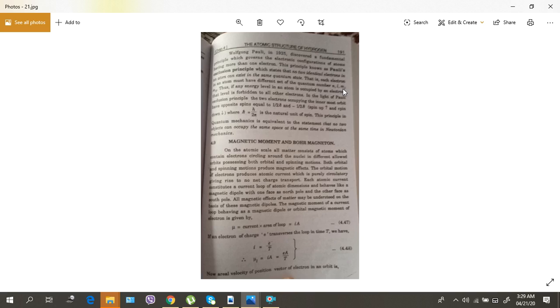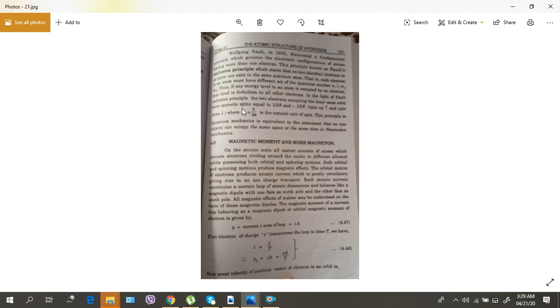Thus, if any energy level in an atom is occupied by an electron, that level is forbidden to all other electrons. In the light of the Pauli exclusion principle, the two electrons occupying the innermost orbit have opposite spin.